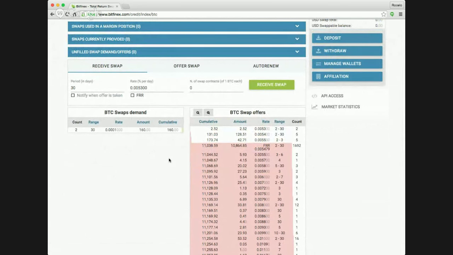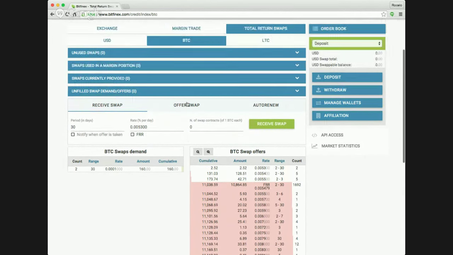There are a lot of people offering, but people are not borrowing Bitcoin. People are borrowing US dollars to buy Bitcoin and play with, because of course the market right now is more about buying Bitcoin. So the guys that are trading are buying Bitcoin to trade.